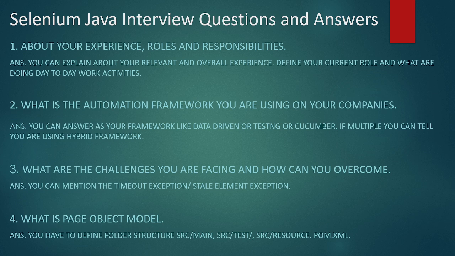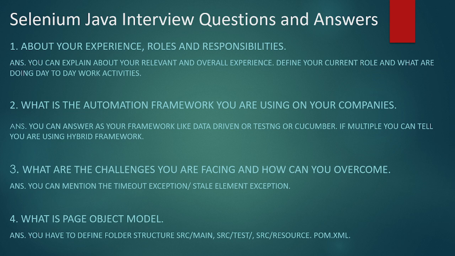Then they will ask what framework you are using. In automation with Selenium and Java, we mostly use TestNG, a data-driven framework, or Cucumber. If you are using multiple frameworks, you can answer that you are using a hybrid framework with TestNG or data-driven. Then they will ask you to explain it.